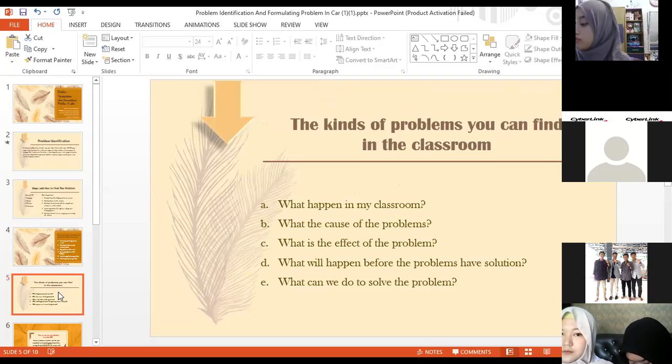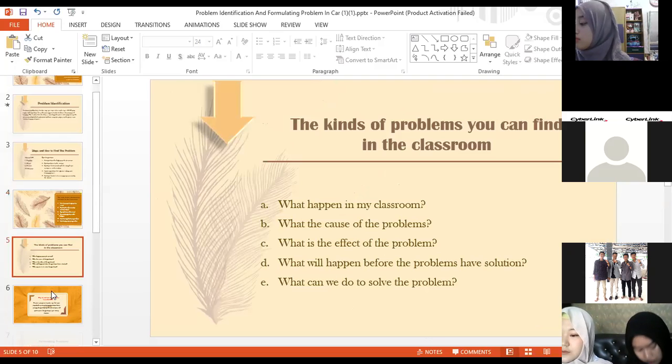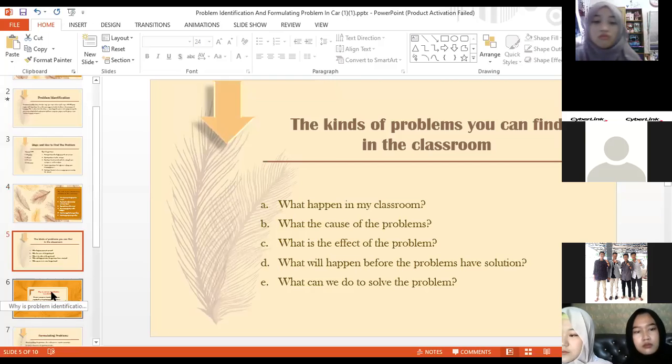Next slide. The kinds of problems that you can find in the classroom. I guess this question is based on the slide that I already explained. Kinds of problems are also part of these five.